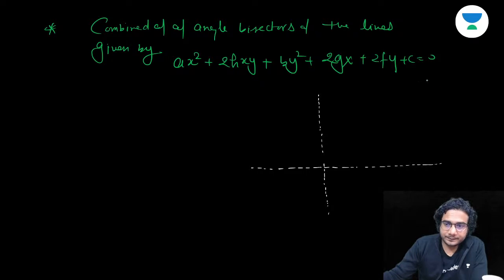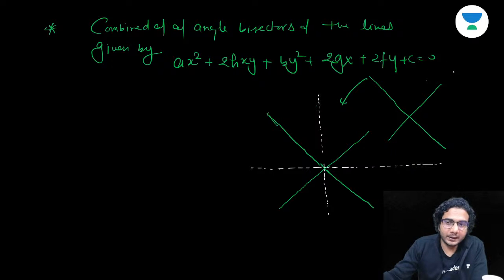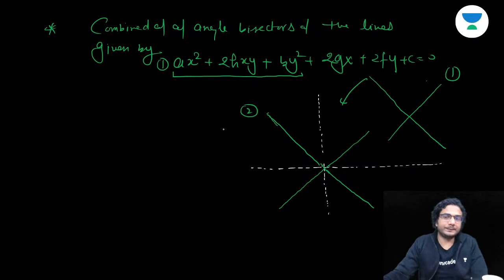So these are the lines. We can write the equation of this pair, right? This is our pair number 1, and this is the second pair which we can write, given by this 2-degree part.